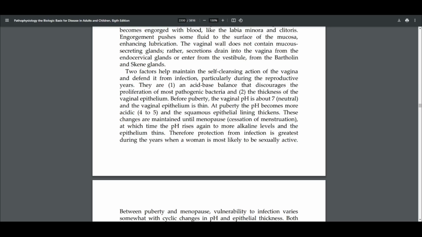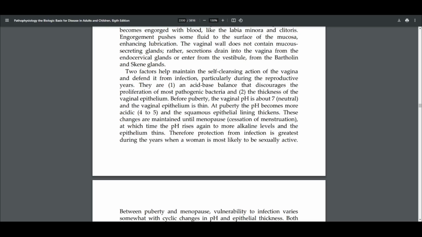Before puberty, the vaginal pH is about 7, or neutral, and the vaginal epithelium is rather thin. At puberty, the pH becomes more acidic, 4 to 5, and the squamous epithelial lining begins to thicken. These changes are maintained until menopause, at which time the pH rises again to a more alkaline level, and the epithelium begins to thin again.